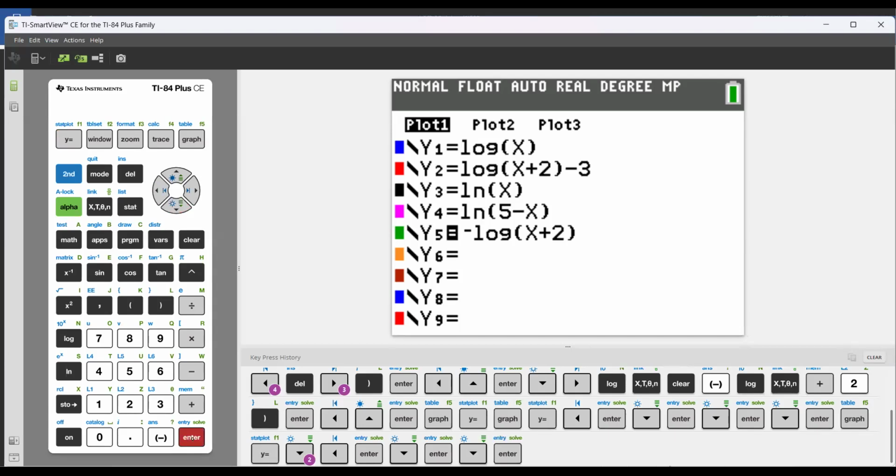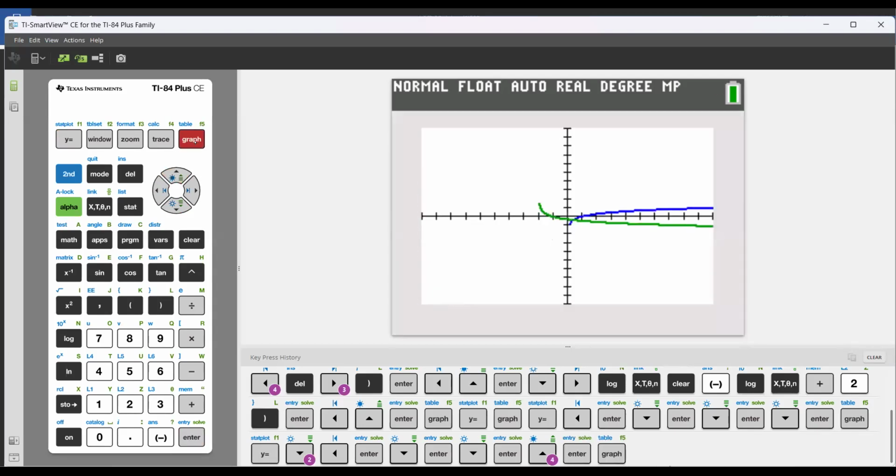I want this one, and then there's my parent function. So parent function is blue, and you can see we have reflected across the x-axis, and we have moved up too.